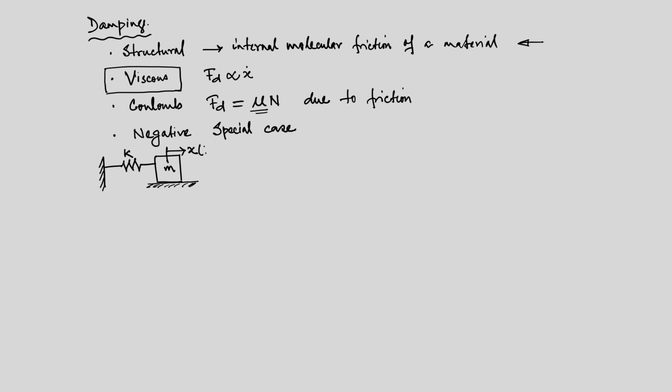Just note, in this case we do not have any damper as we had in the earlier case. Earlier case we had rollers below this mass and we had a damper, but in this case we have friction developed at the interface.